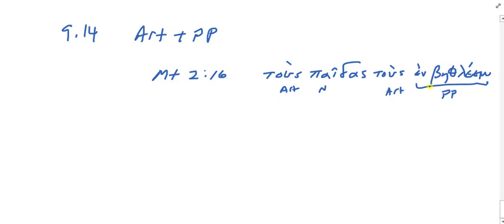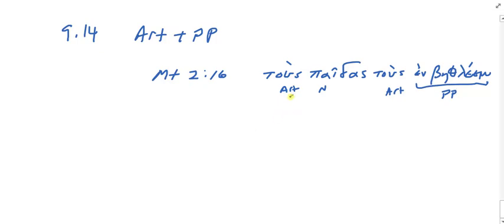What are ways to translate this? He killed the children, the in Bethlehem would be he killed the in Bethlehem children. Okay? Now, that sounds like terrible English, but that's great German if you speak German. Yeah? He killed the in Bethlehem children. Okay.